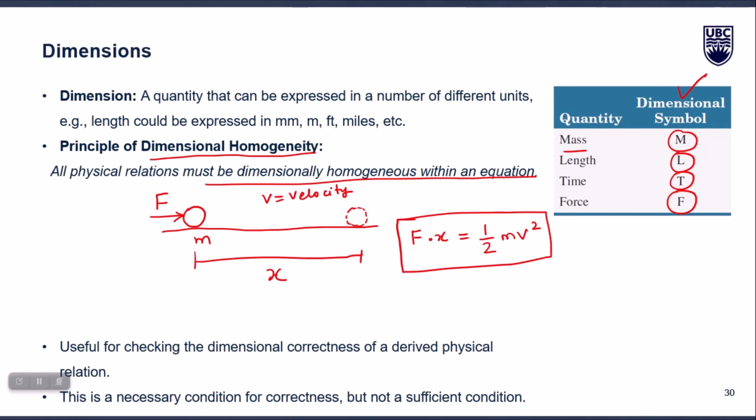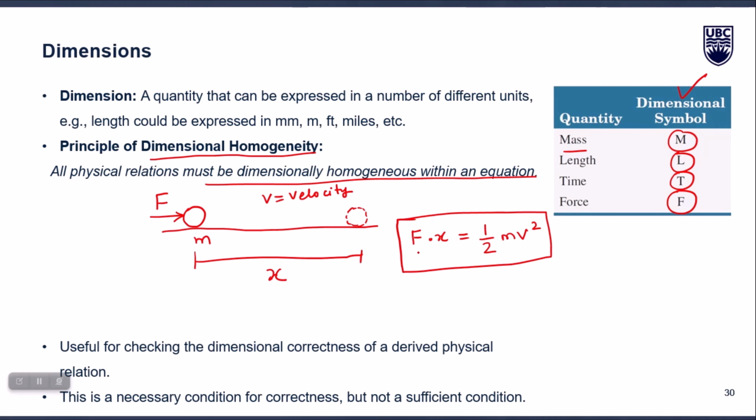Now, in order for this equation to be correct, it must be dimensionally homogeneous. Whatever are the dimensions of the quantities on the left-hand side should have the same dimensions as the right-hand side, right? So, for example, let's work out the dimensions of this equation and see whether it is dimensionally homogeneous or not.